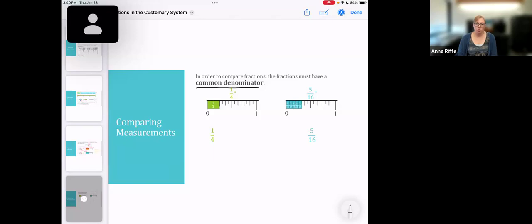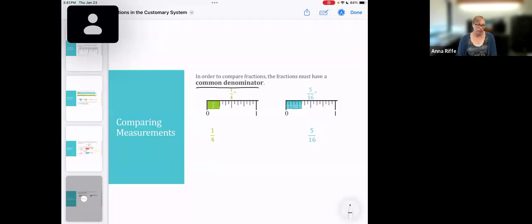So 1/4 inch and 5/16 of an inch. These are not equivalent fractions. They don't represent the same part of a whole or the same part of an inch. But we want to be able to compare them and see which is bigger and which is smaller. And that's much easier if they have the same denominator, or the same bottom of the fraction.